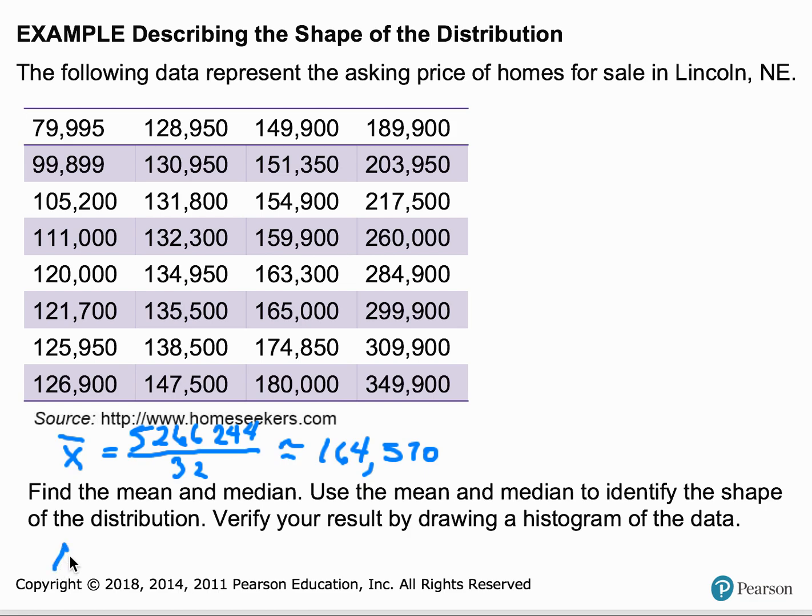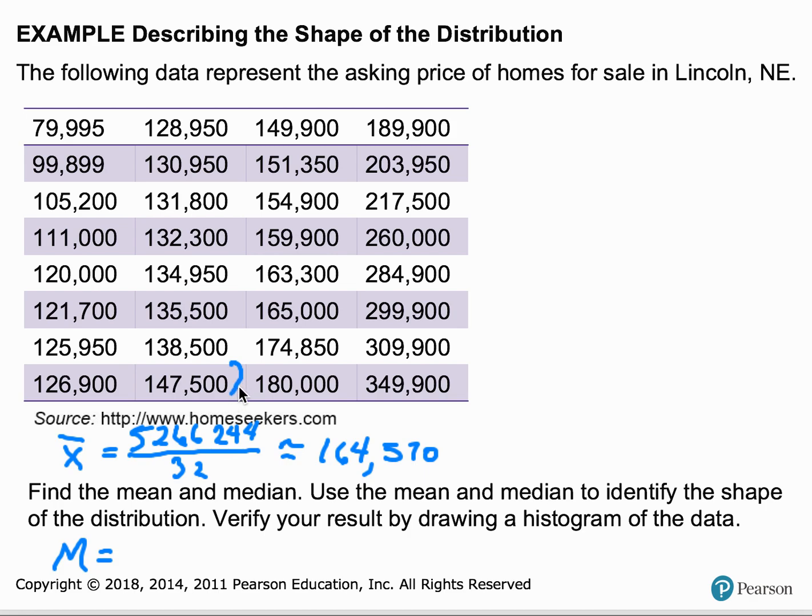Okay, let's do the median. And notice, lucky for us, they're already in order. And so there are 32 of them. So 32 plus 1, 33 divided by 2, that's 16 and a half. Right? So 1, 2, 3, 4, 5, 6, 7, 8, 9, 10, 11, 12, 13, 14, 15.